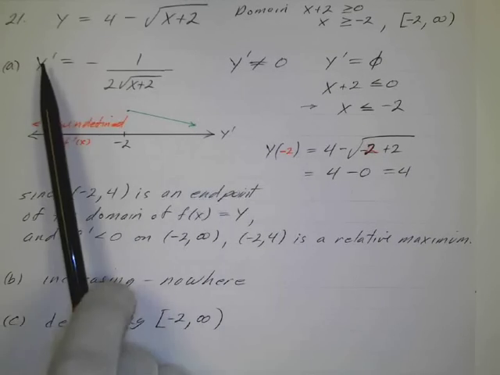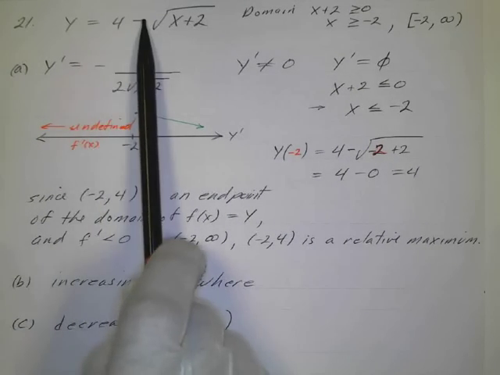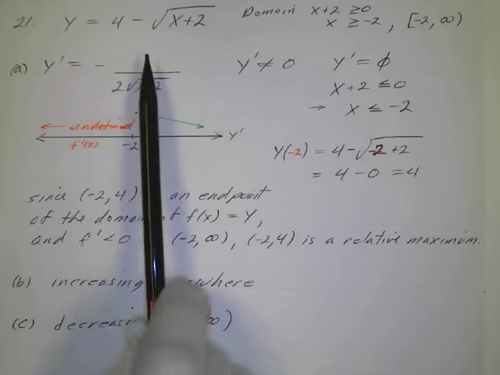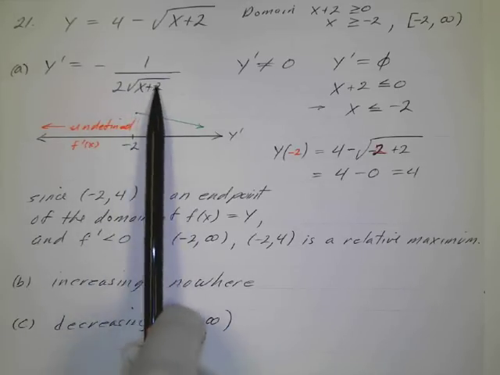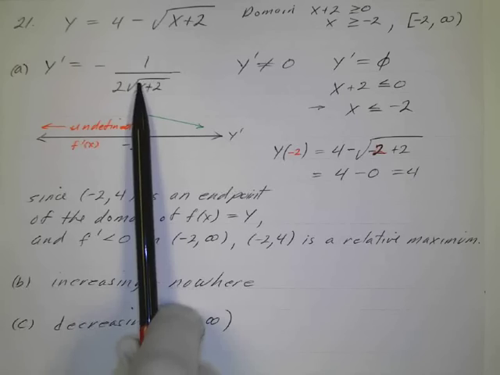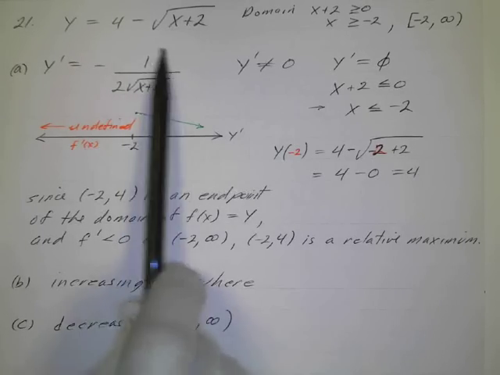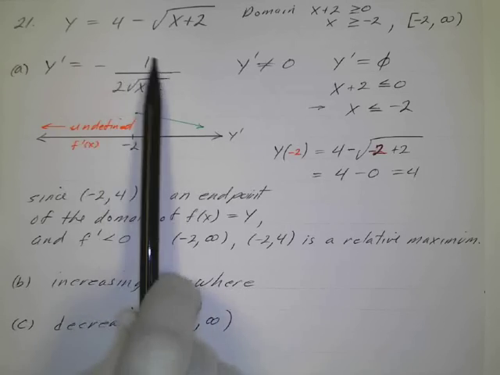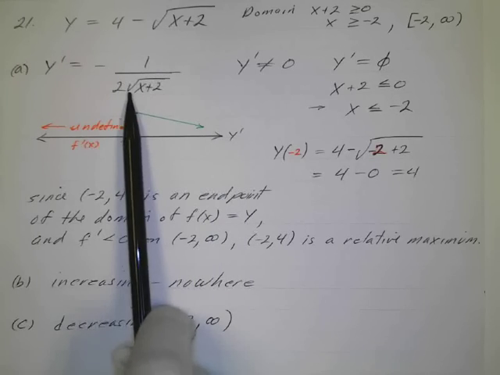Okay, and then we take the derivative. The derivative of 4 is 0, and then we can use our square root rule, negative 1 over 2 times the square root of x plus 2, and the derivative of this is just 1. Okay? All right. Well, again, it's a fraction. The numerator is never 0. It's just 1, so it's not going to be equal to 0, but it will be undefined when the bottom is 0.